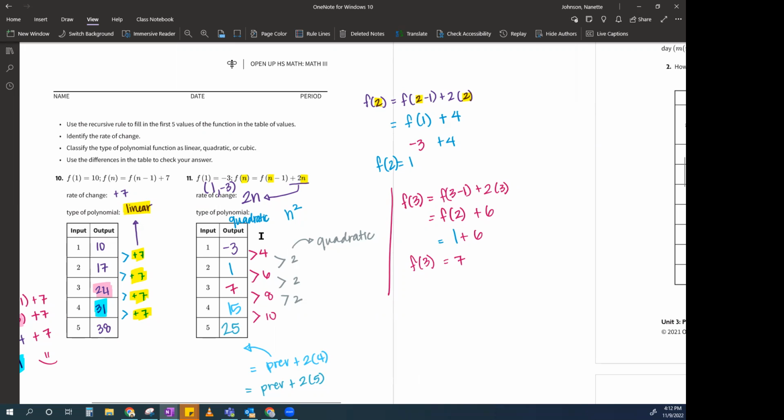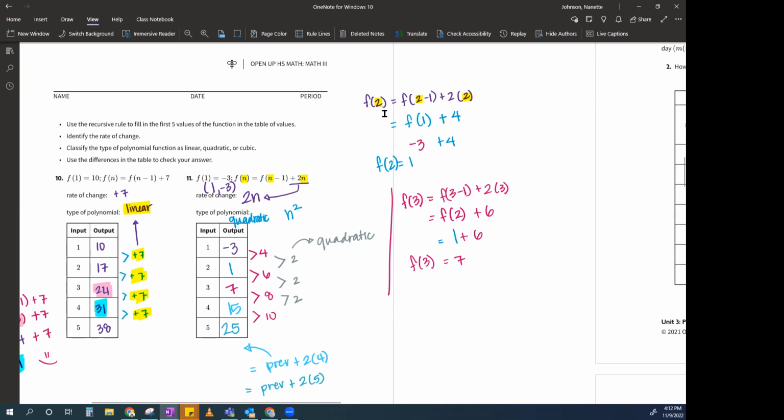Let's see. How did we get -3? Where did this -3 come from? Yes, they told you in the very beginning. Very good. Where did the 1 come from? Where did this 1 come from?